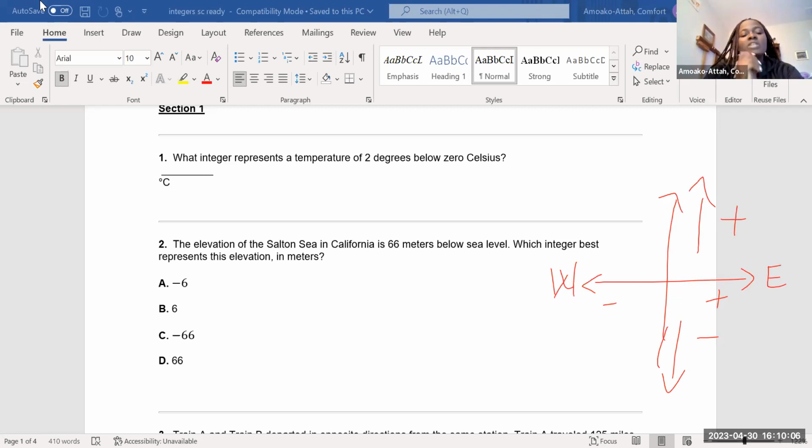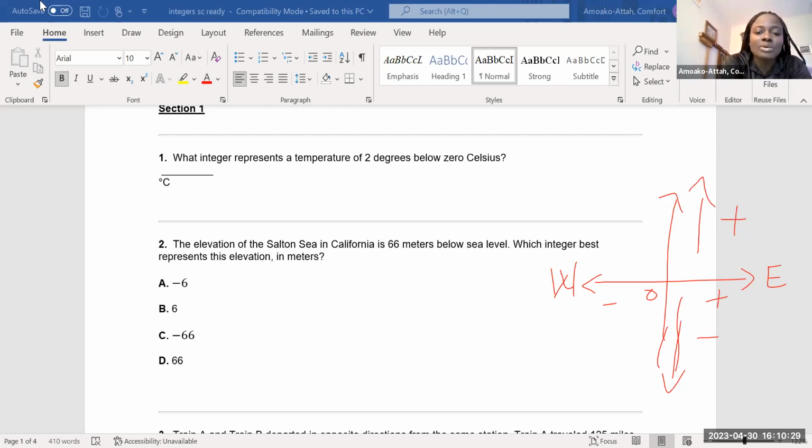Okay. So the first problem is, what integer represents a temperature of 2 degrees below 0 Celsius? All right, so this is now our intersection, which is 0 Celsius. So below 0 Celsius would be what? The negative values, right?